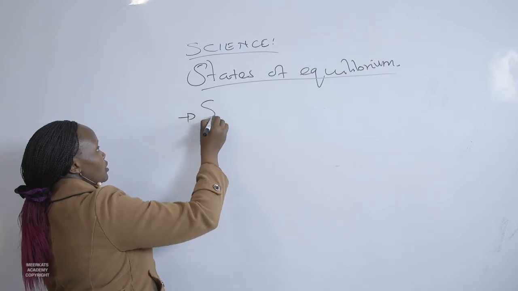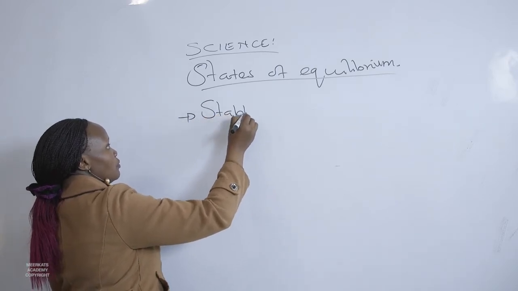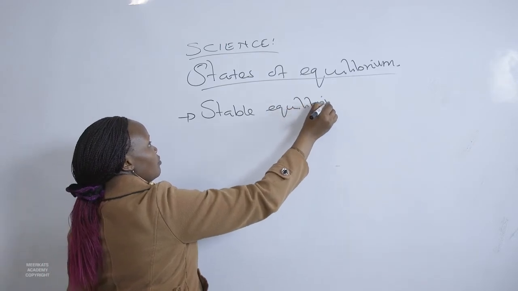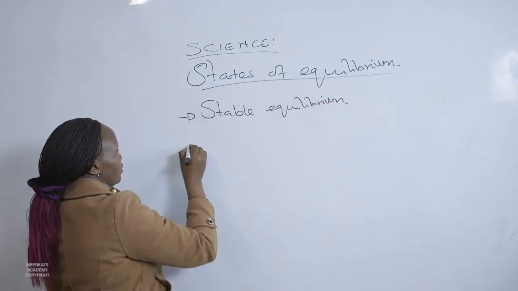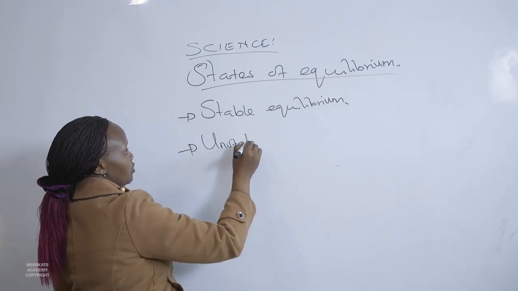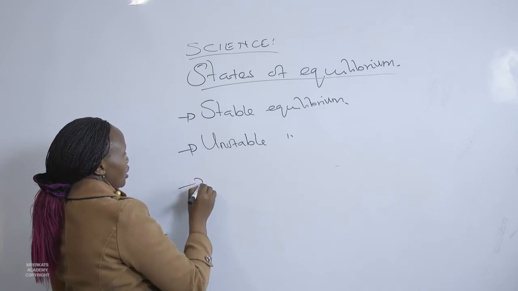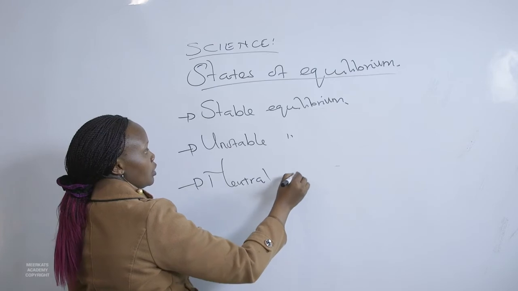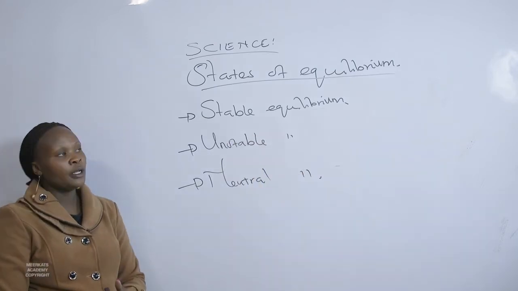We have the stable, we have unstable equilibrium, and we have the neutral equilibrium.